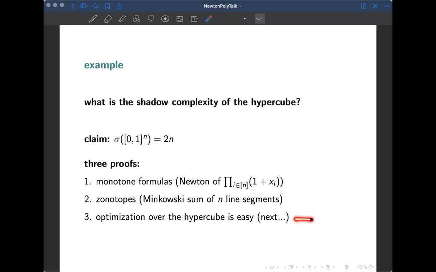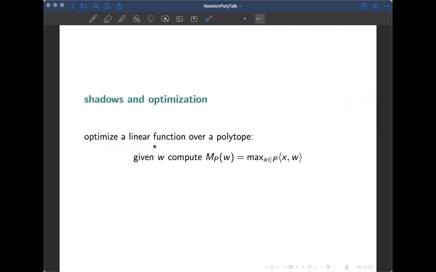The third is less accurate, but it allows us to understand at a high level why it is true that the shadow complexity of this polytope is small. So this is what I want to discuss next. It's connected to optimization. So here I move briefly to optimization.